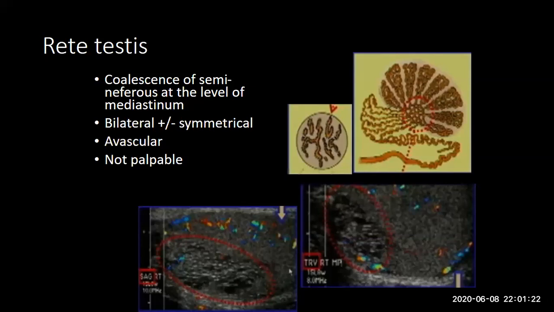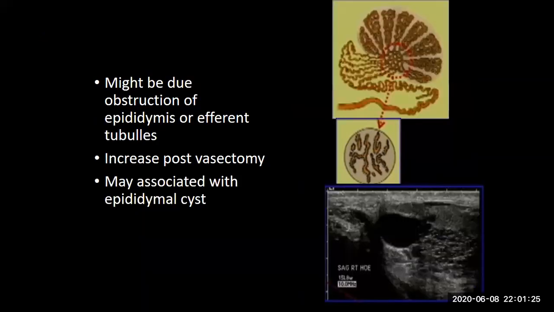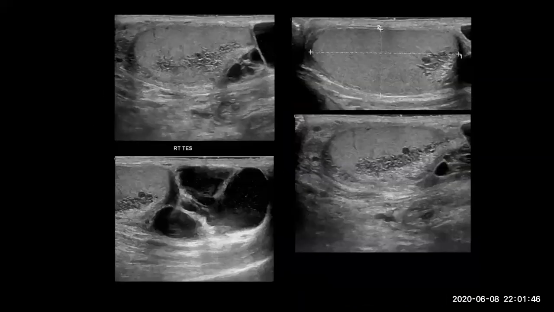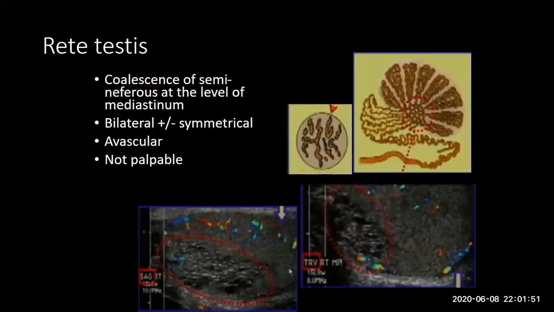This may also be due to obstruction of the epididymis or efferent tubules or vas deferens, and it is increased post-vasectomy. As we said, it is associated with epididymal cyst, as here in our patient, multiloculated epididymal cyst. Okay, this is a normal variant, by the way. Any question on rete testis?